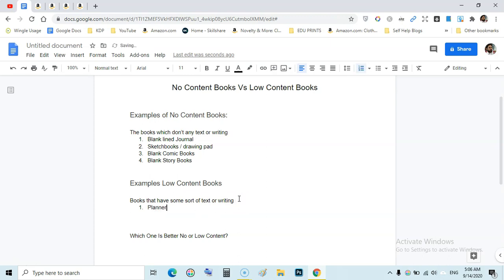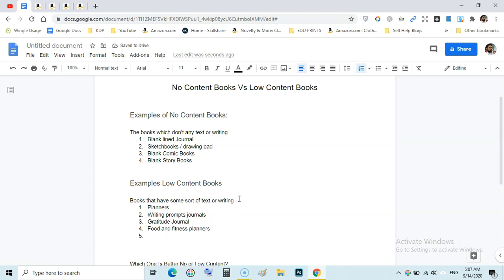Firstly I will write here and then I will show you the examples: planners, writing prompts, journals, gratitude journals, and food and fitness planners.